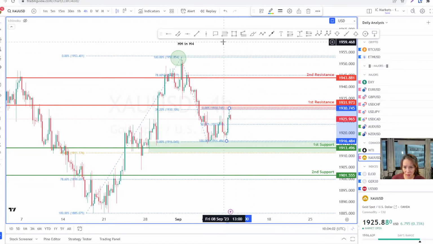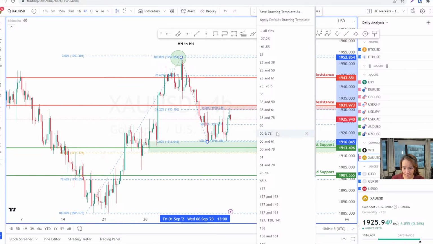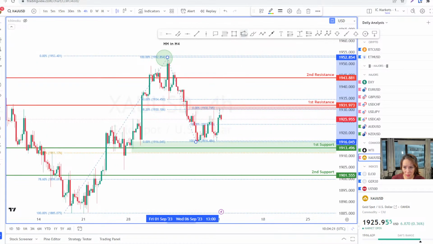If they break above this resistance, potentially they might come somewhere here, but I don't think they will come up until there, because I think the next level should be somewhere here, the supply zone.